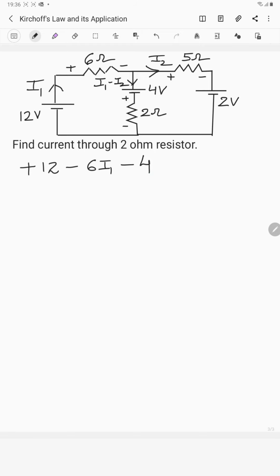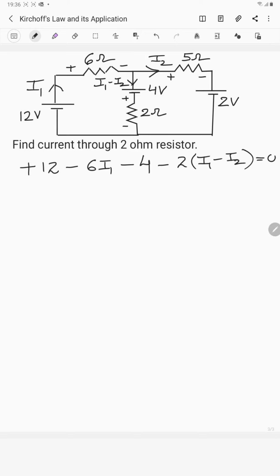The last element we are encountering while moving in a clockwise direction is this 2 ohm resistor. For this also we are moving from plus to minus side. So the sign should be minus and the voltage value should be minus 2 into (I1 minus I2) equals to 0. So that's the first equation.